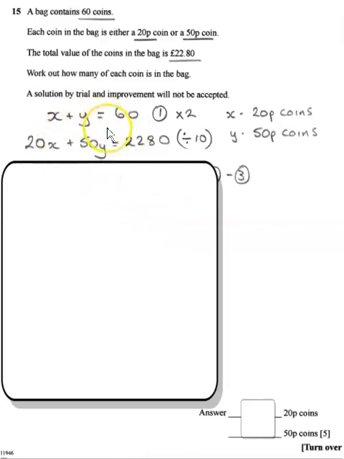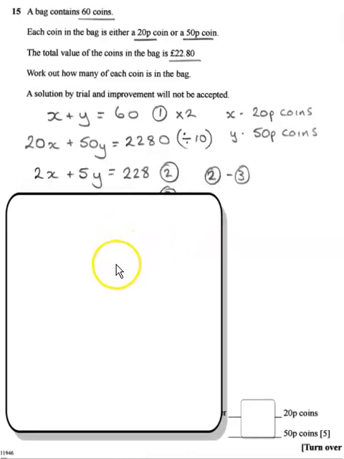So now we've got it set up here. Now we're trying to figure out, do we get rid of the X or do we get rid of the Y? For this one, I've done 20x plus 50y equals 2280. Now this equation 2, you can see that I've put divided by 10.